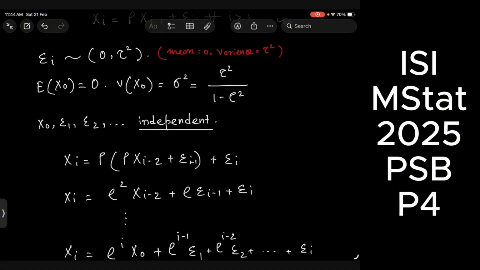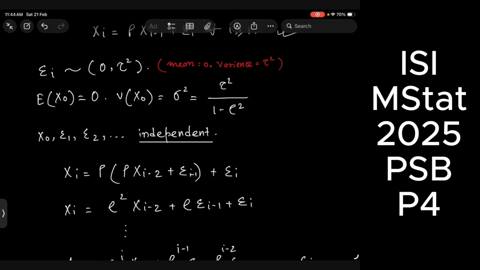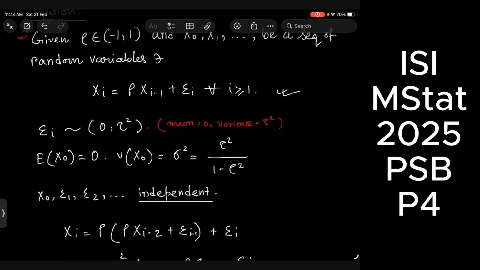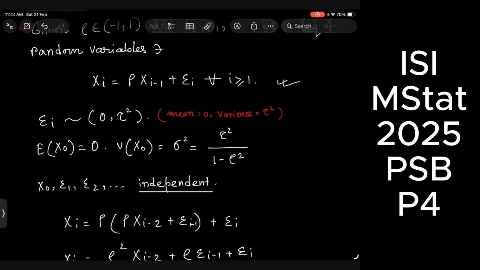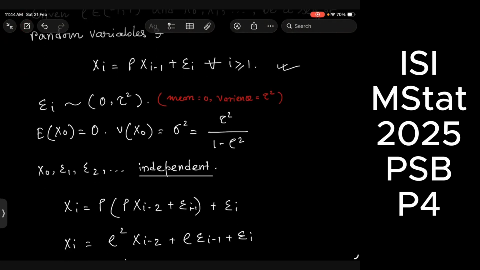So we can easily calculate the expectation of x naught, which will be 0, right? And variance of x naught will be sigma square, correct?